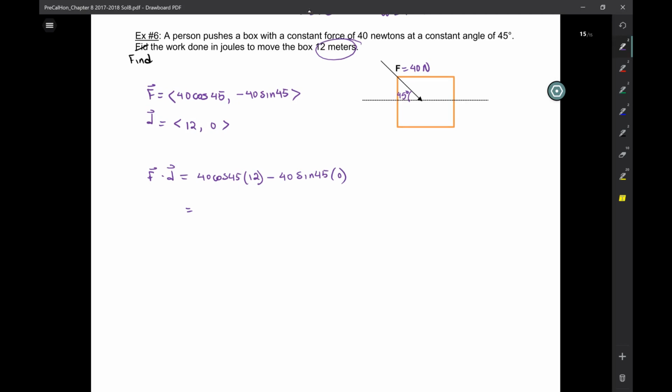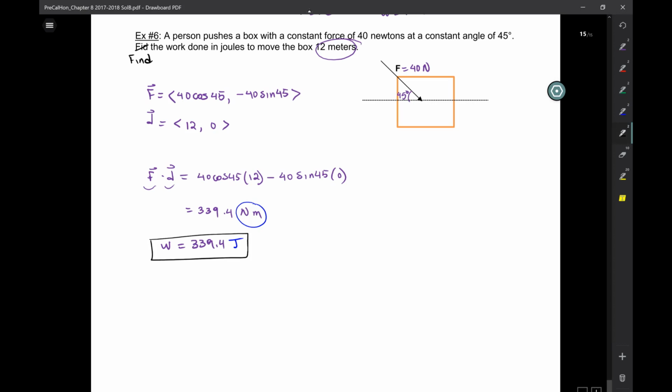How much? 339? All right, so let's say it's 339. And how did we get here? We multiplied force times distance. Force was in newtons, distance was in meters. So the work is 339.4. Newton times meter is a joule. You pretty much just do work equals force cosine theta times the distance. It's F D cosine theta.